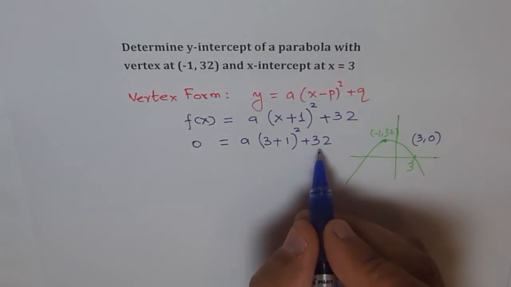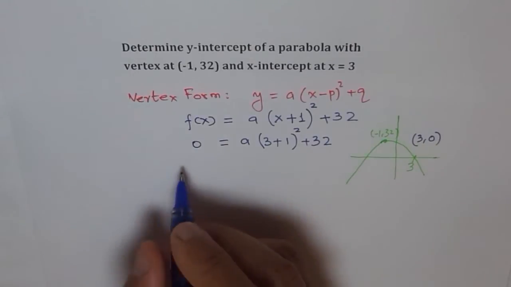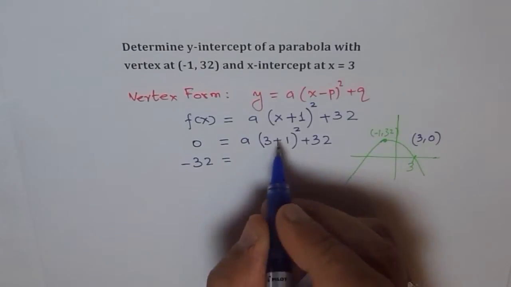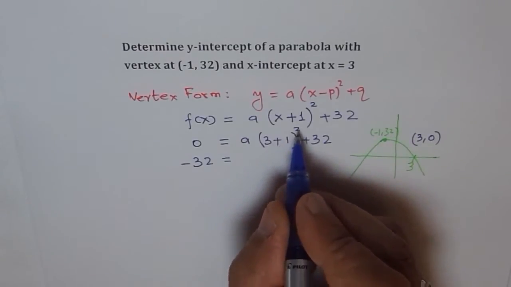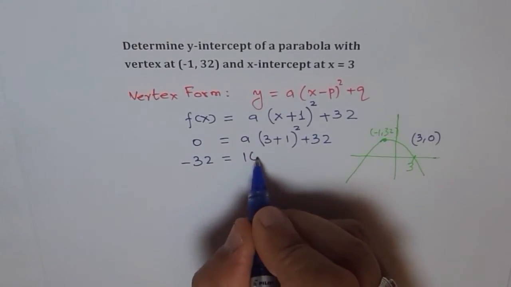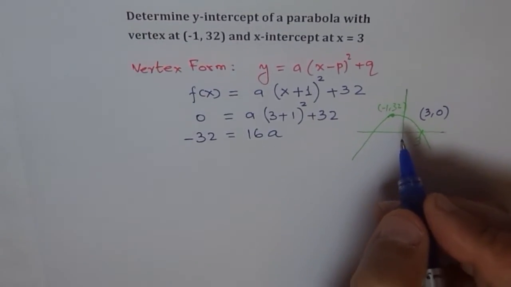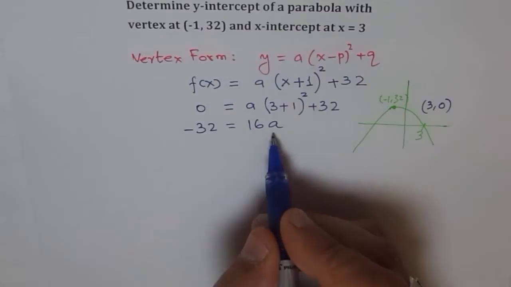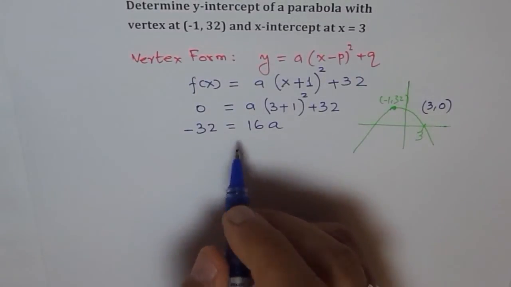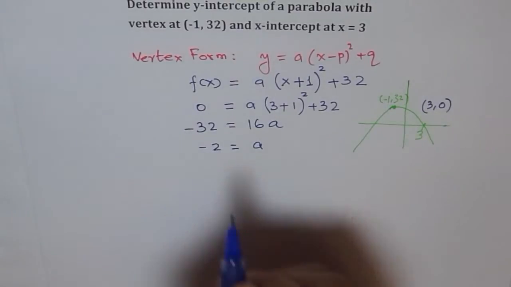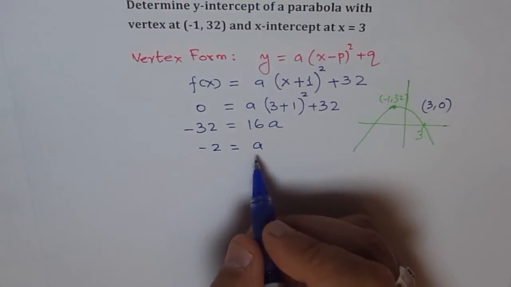And now we will solve this equation. We take away 32 from both sides, and we get -32 equals, 3 plus 1 is 4, and 4 squared is 16, so 16a, correct? So we have the a value from here. If we divide by 16 on both sides, we get a equals -2, correct? So that's our a value.